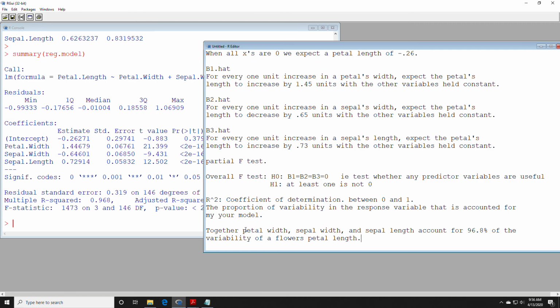My set of predictor variables account for almost 97% of the variability in the response, the petal's length.